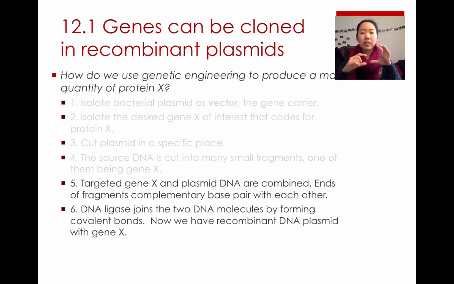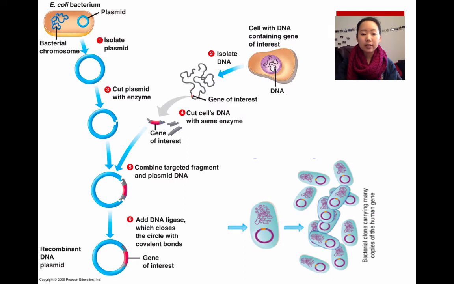And then afterwards, the enzyme DNA ligase, which we learned about before for DNA replication. Remember, DNA ligase can form covalent bonds, and it will merge these two different segments of DNA together. So right here, steps 5 and 6, we've inserted this gene X into our plasmid, and then you see that the ends complementary base pair with each other so that it fits correctly.